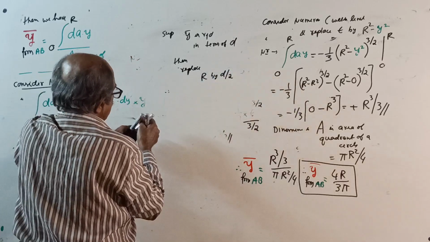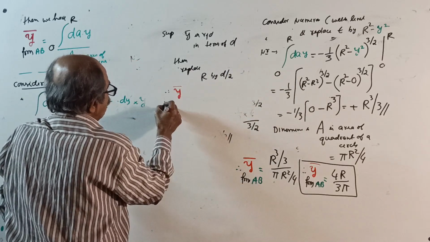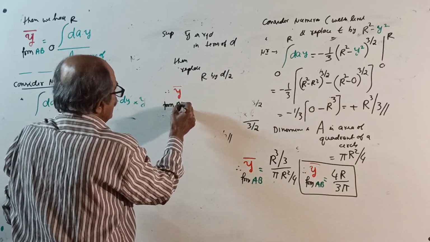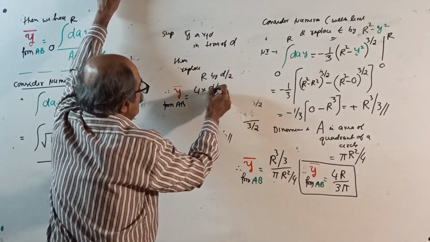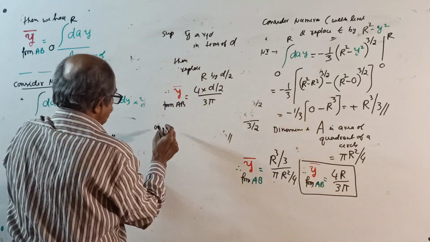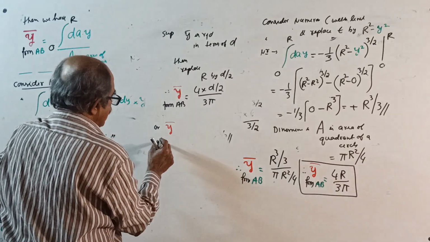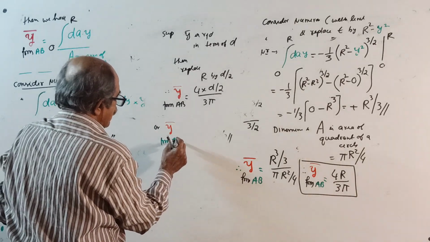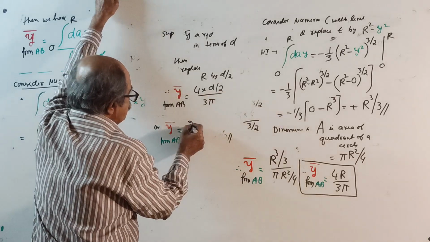Then your y bar from AB will become 4 into d by 2 divided by 3 pi, which equals 2d by 3 pi.